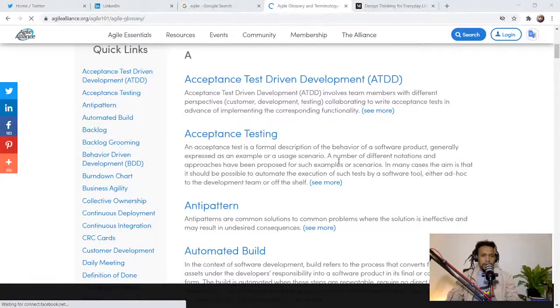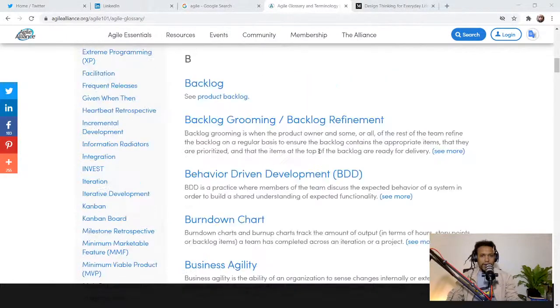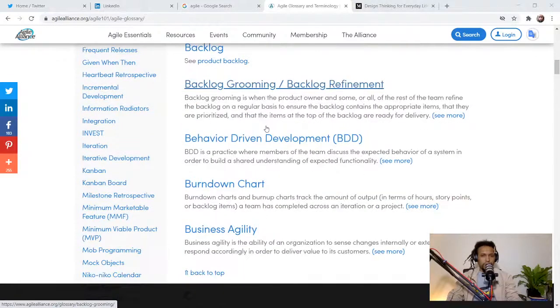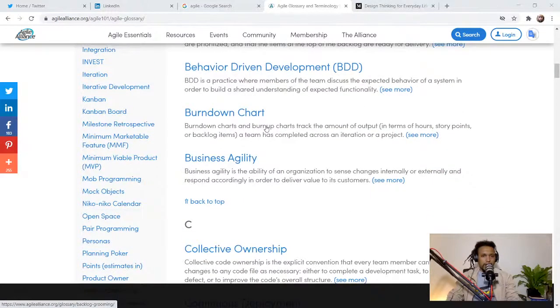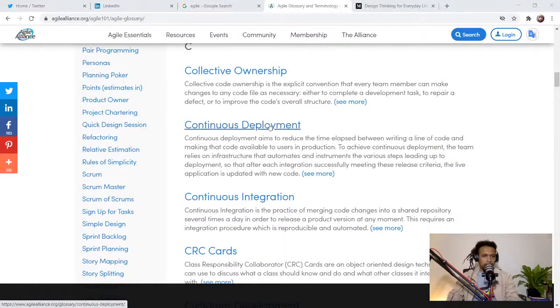Okay, maybe you might know MVP, minimum viable product, but there's things here like acceptance testing, automated build, backlog is a big one. Backlog grooming, what do they mean when they say backlog grooming? Burn down chart, business agility, collective ownership.